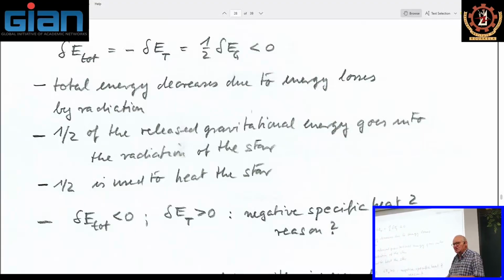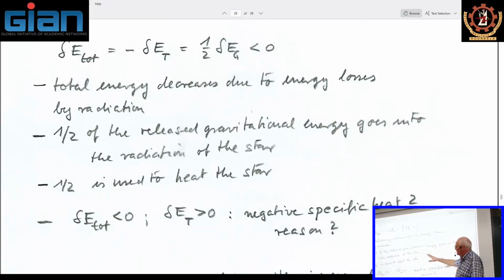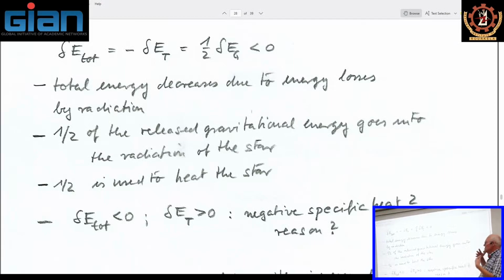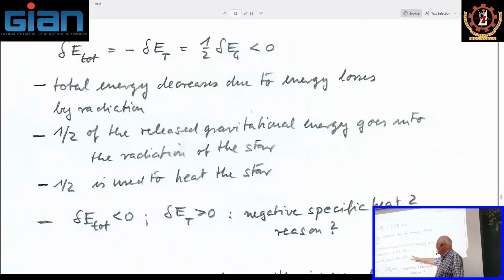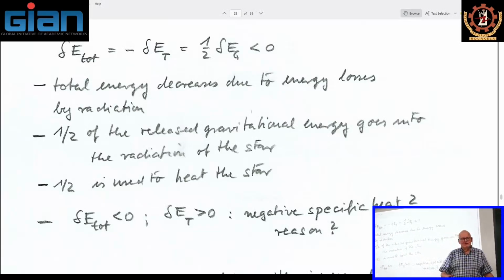This decrease of total energy, of course, might be done simply by radiation of the star. And we saw once we went through this analysis that half of the released gravitational energy goes into the radiation of the star, and the other half of the released energy is used to make the star hotter, to increase the thermal energy.